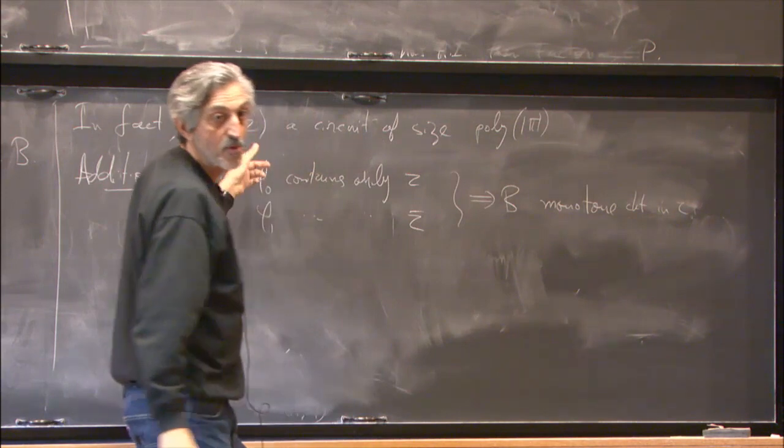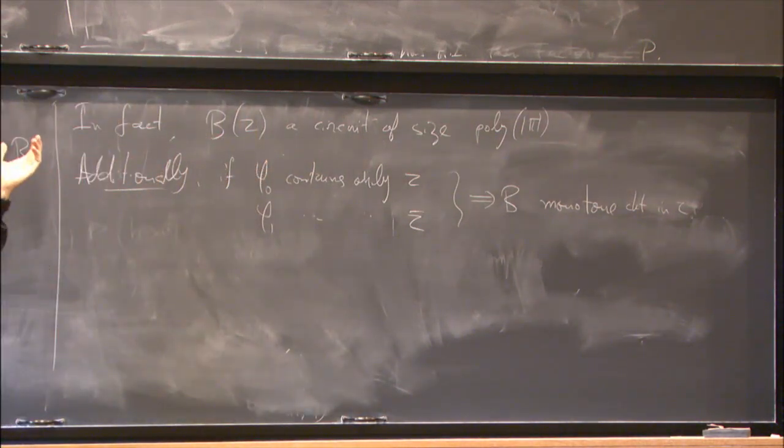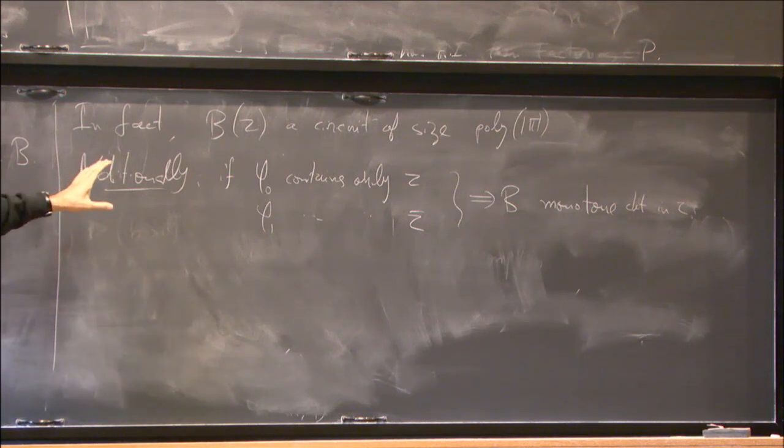So this circuit, which takes just Z values, is a monotone circuit. Okay, so that's a very important observation.